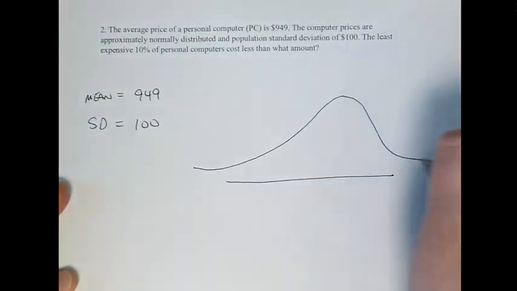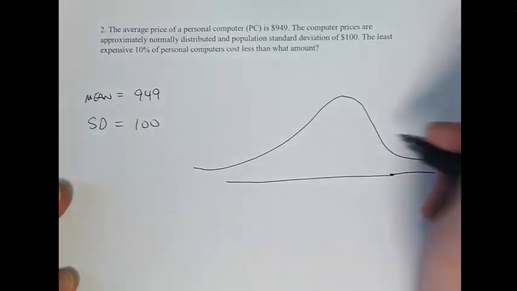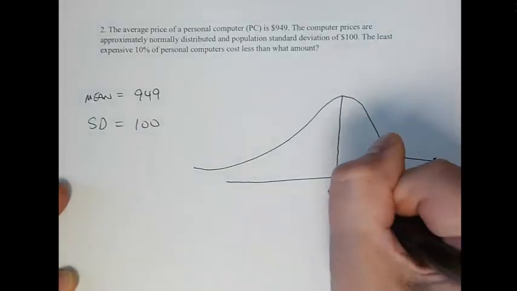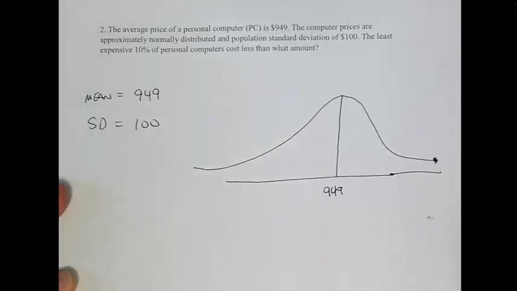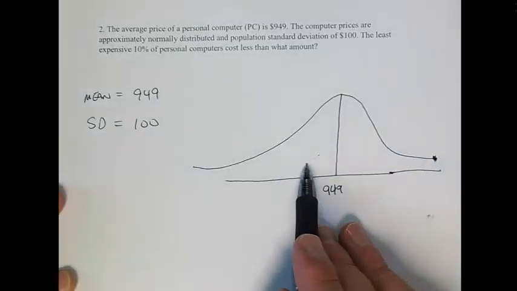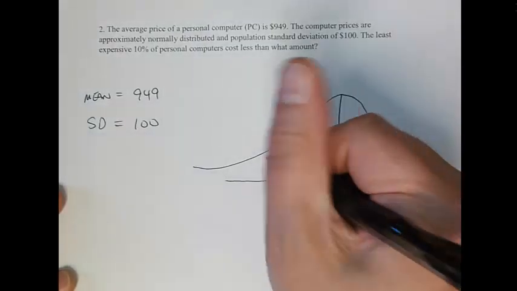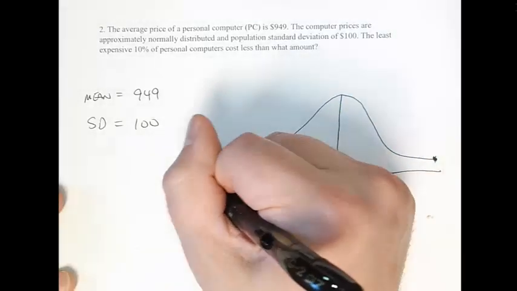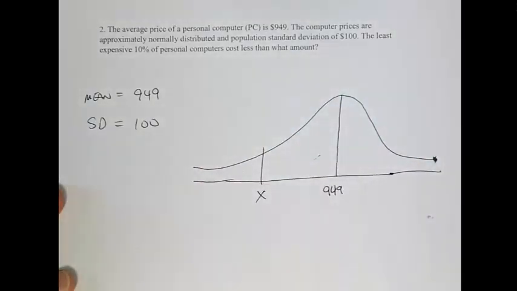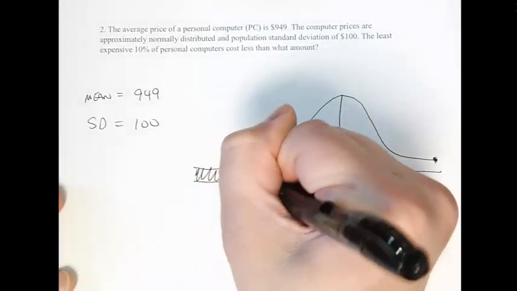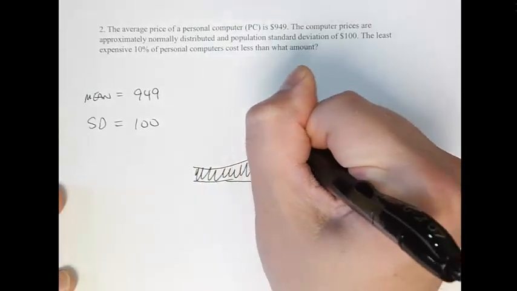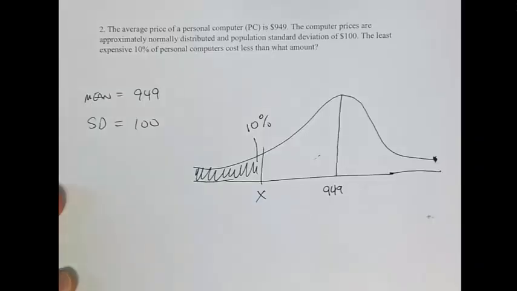And a picture is worth 1,000 words. 949. Then the least expensive computers are down here. The lowest costing computers would be this number, let's call that X. And this shaded region would be 10%, the least expensive personal computers.